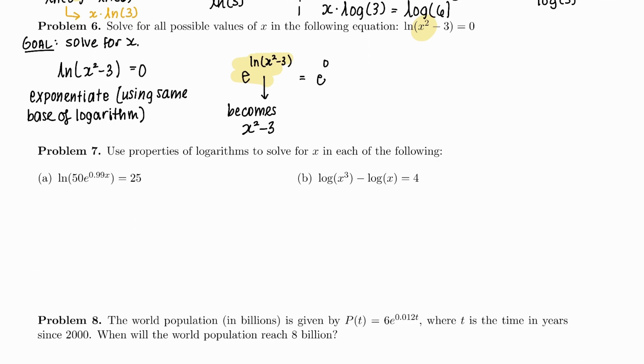And then e to the 0, what's that going to become? e to the 0 is just 1. So my equation, after exponentiating, is x squared minus 3 is equal to 1.